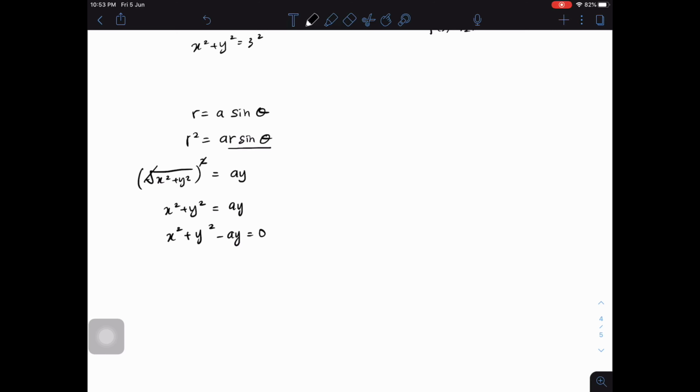So we have x square plus (y minus a over 2) square equal to (a over 2) square. If you see, this is the equation of a circle with radius a over 2 and your center is at (0, a over 2).